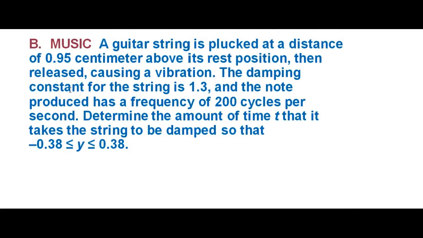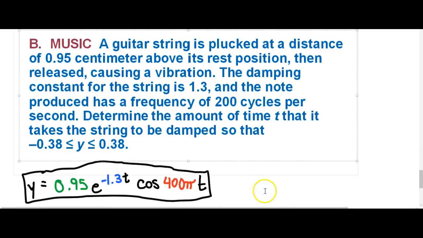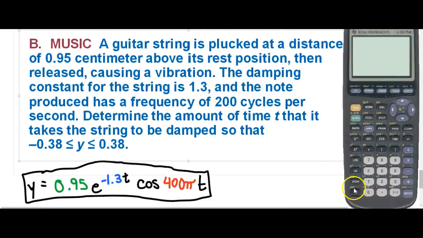Now, in the second part of this problem, we're looking at how long it takes for the string to be damped down to essentially 0.38 centimeters. We want our y value to be between the negative and the positive of that. So let's bring back our function so that we can then put it into the graph.